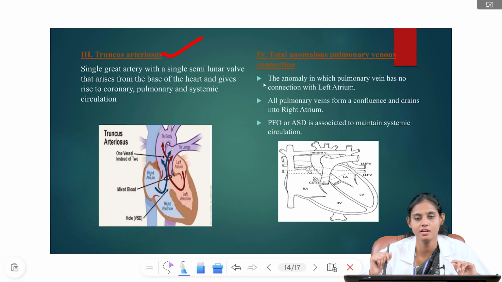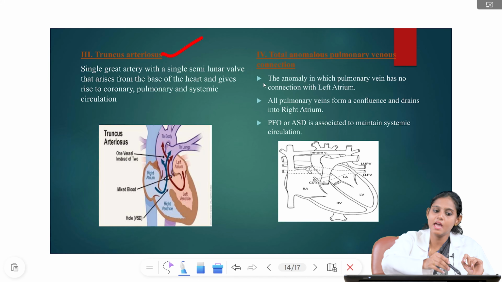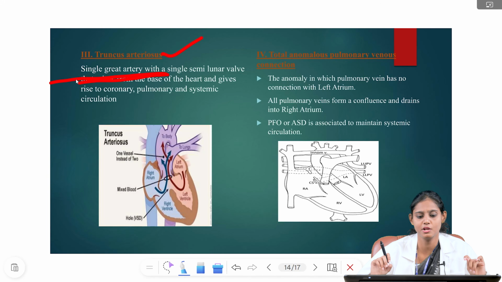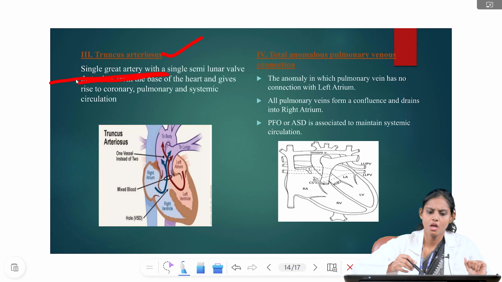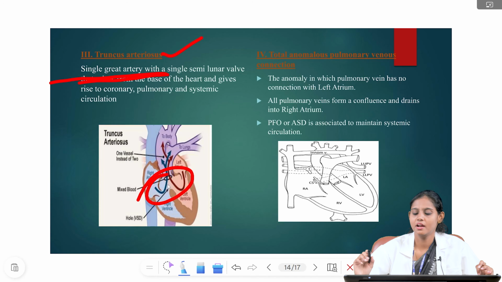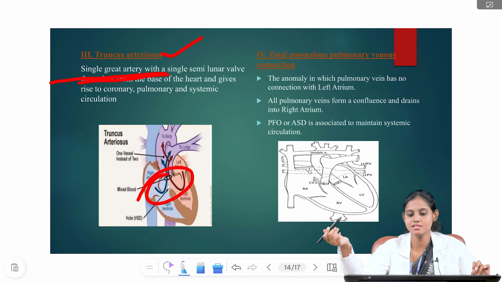Whereas in truncus arteriosus, we have a single great artery with a single semilunar valve, which is always associated with a ventricular septal defect.